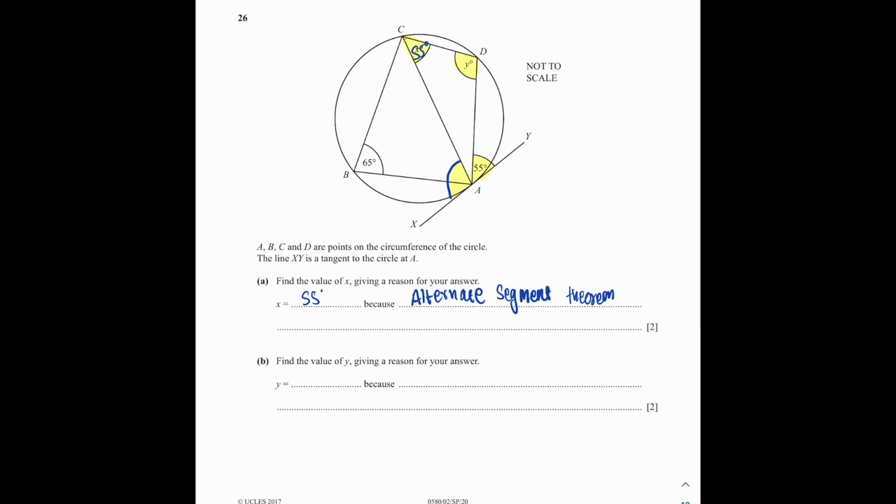Let me see if I can figure out the other one. Vertically opposite angle, so this is 55 degrees. Oh, and again, using alternate segment theorem right here, this region is going to equal this region right here.